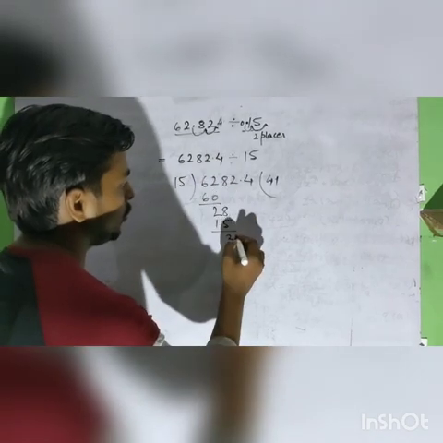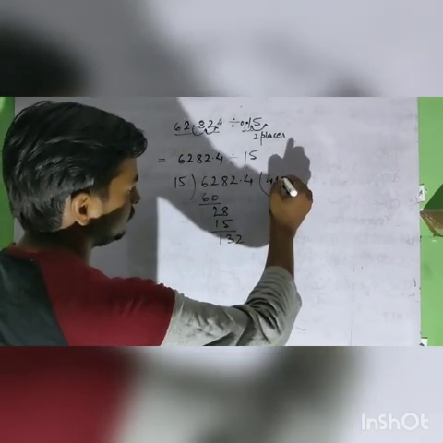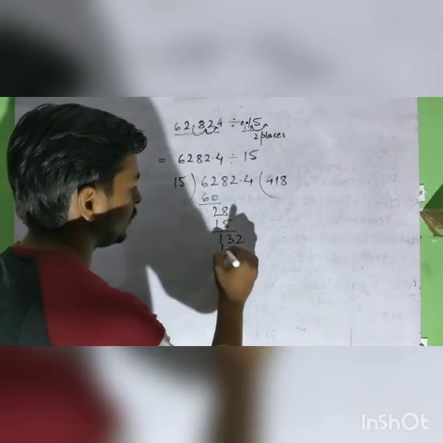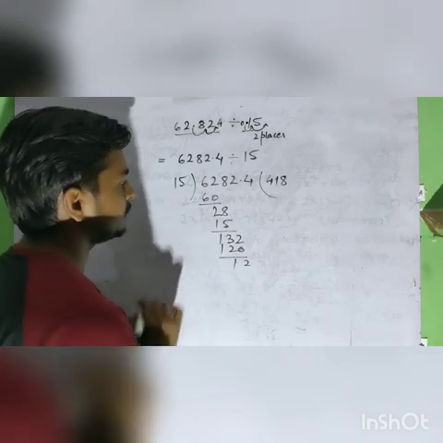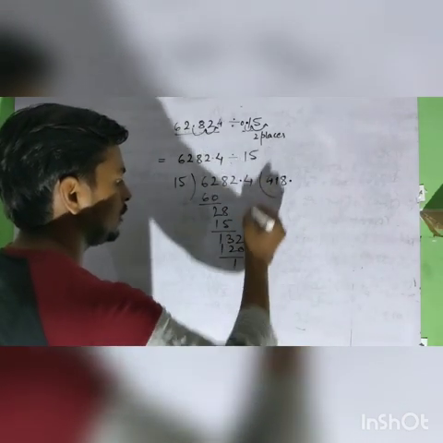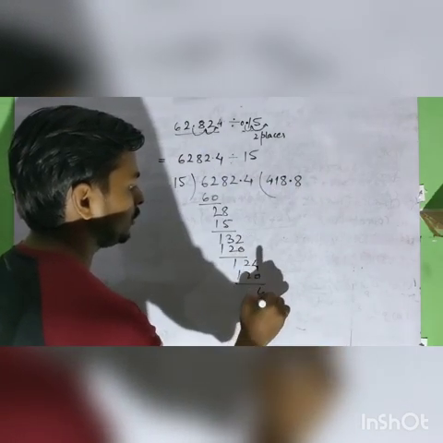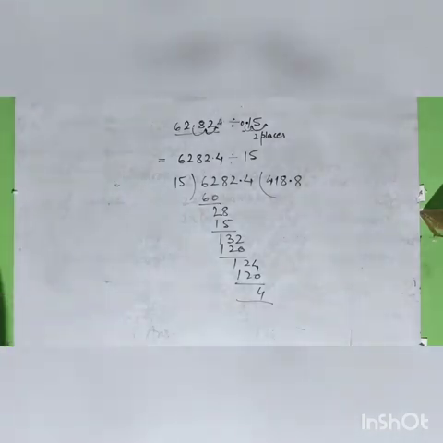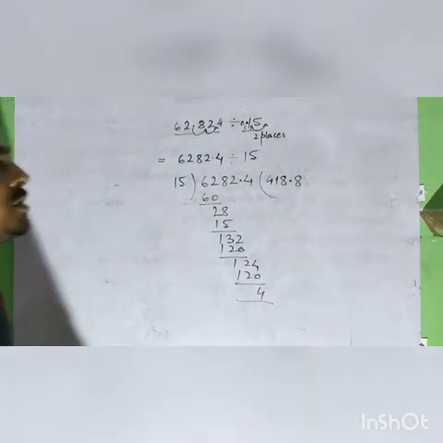Now again 2 copied. 15 8s are 120. Again 12. This is the decimal, so the decimal will come here. 15 8s are 120. The 4 is remainder. So this is the division.